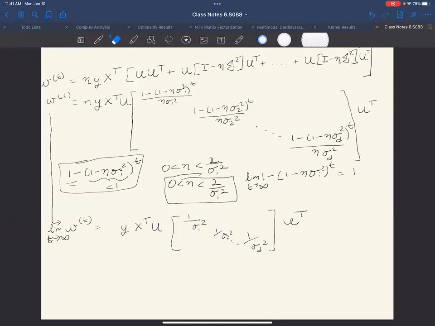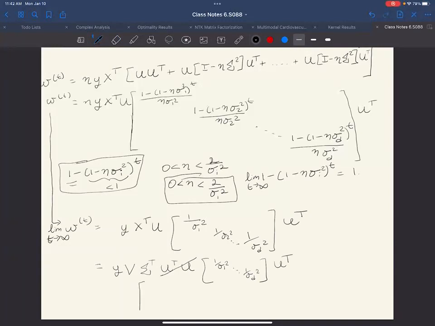Okay. Now we're pretty close to what we want. So let's just substitute in for X its singular value decomposition. So keep in mind, this is V, Sigma transpose, U transpose, U. We have now this matrix 1 over sigma 1 squared, up to 1 over sigma d squared, U transpose. These two terms are going to cancel each other and become the identity. Now the thing is, what does Sigma transpose look like?